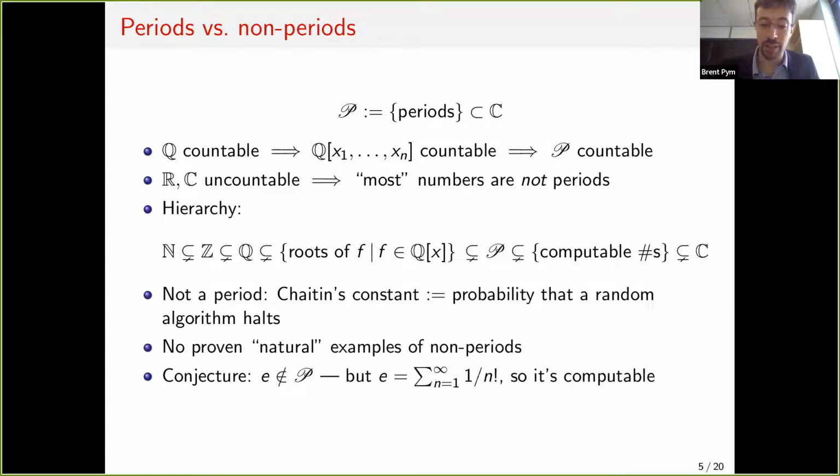But I would point out that e is obviously a computable number because we can write it as the sum of 1 over n factorial, and it's not hard to write down an algorithm to calculate that number to arbitrary accuracy. You just sum the first so many terms of the series. So the upshot is that periods are quite special, but nevertheless they're quite common.